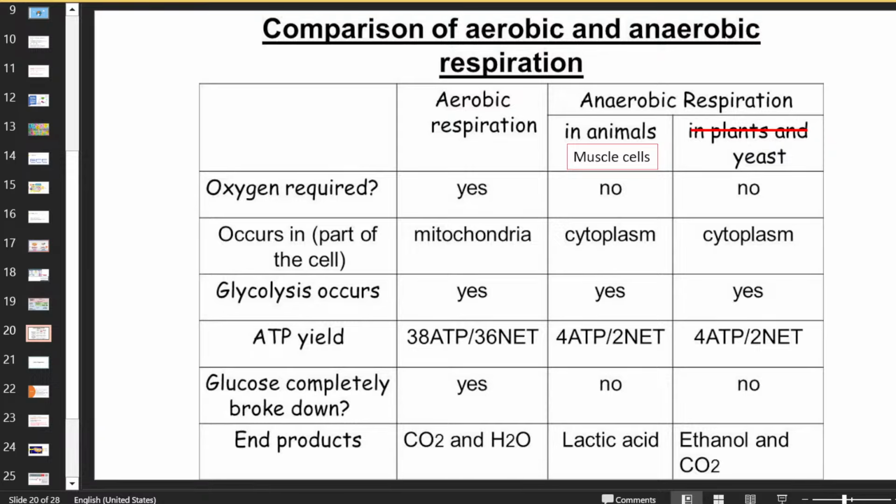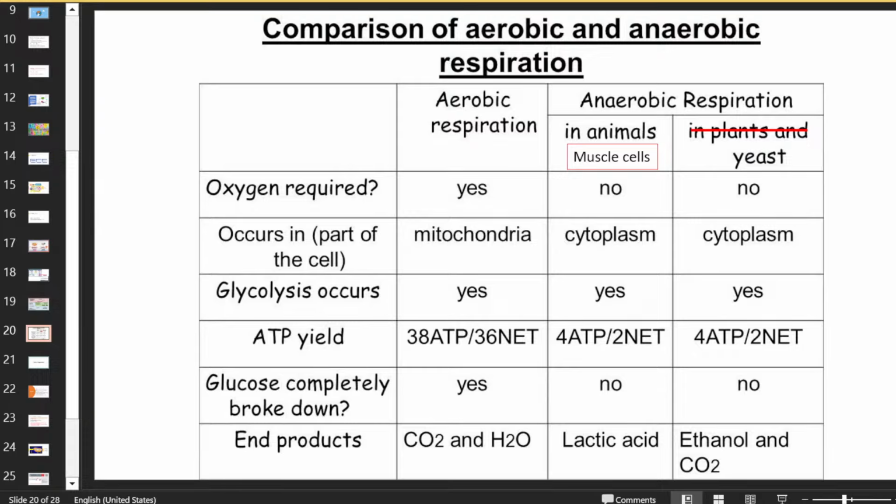So for all of them, glycolysis occurs, so glucose will be broken down. For here we have 2 net, and it's about 2 to 4 ATP. But in the anaerobic one, the glucose will not be broken down completely, and you're gonna produce lactic acid.